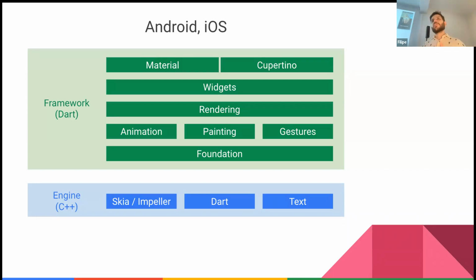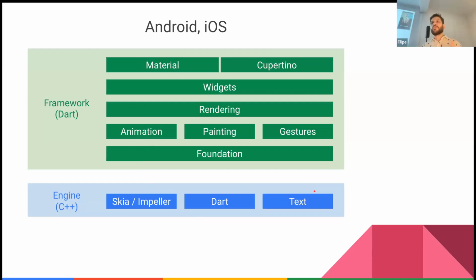So if you are going to build for mobile, for Android or iOS, you leverage the engine coded in C++ that leverages Skia. It's just a library on top of OpenGL to draw all the components directly on the screen. And there's the new renderer, Impeller, and then of course the language itself and the text.